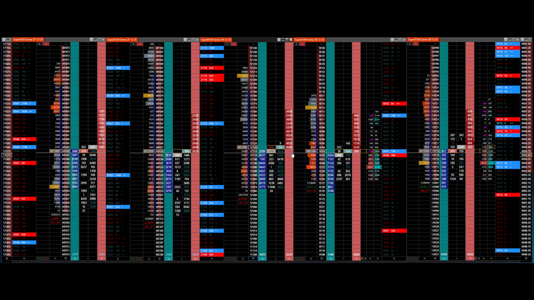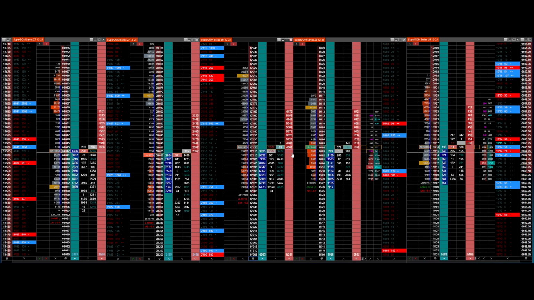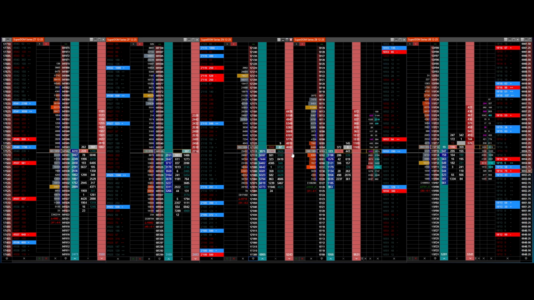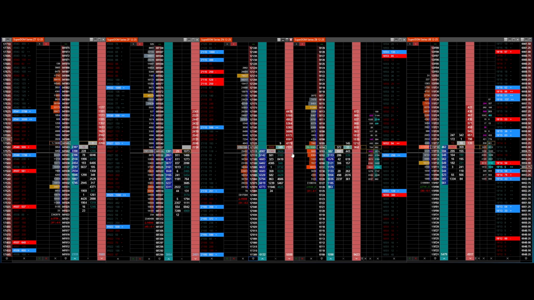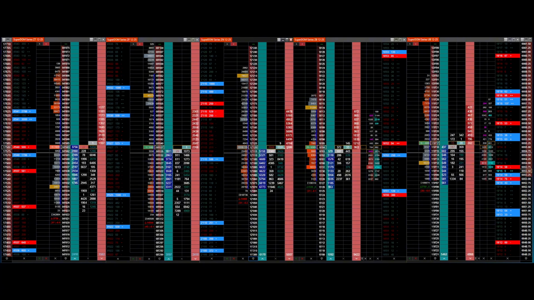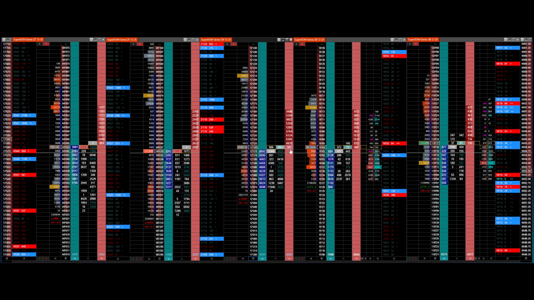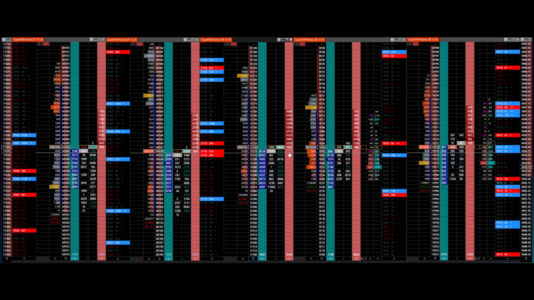Buying 11 halves. Offer is opening here. Buy from us, please buy from us. 20 is getting bought up real nicely. Very nice, very nice.